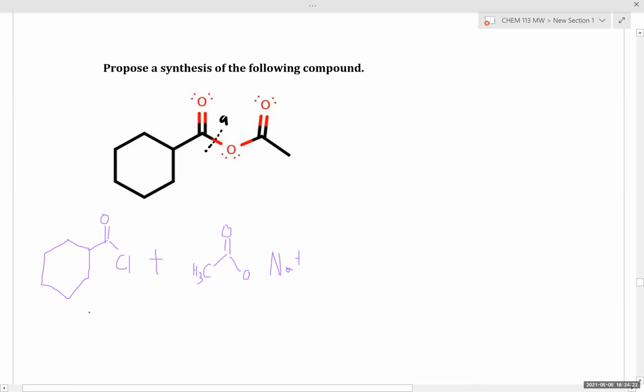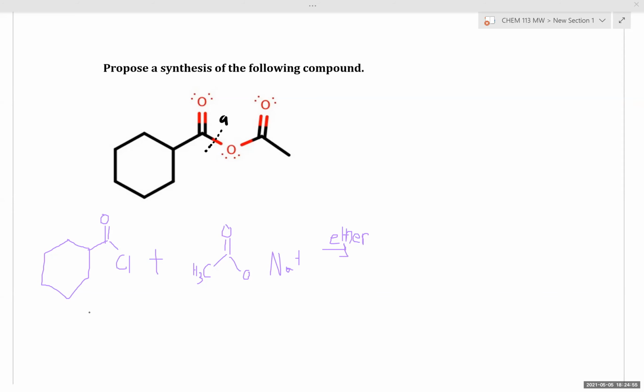Does anyone have another proposal that they'd like to share? Is there another proposal for how to prepare this anhydride? Suppose we didn't want to use sodium acetate.